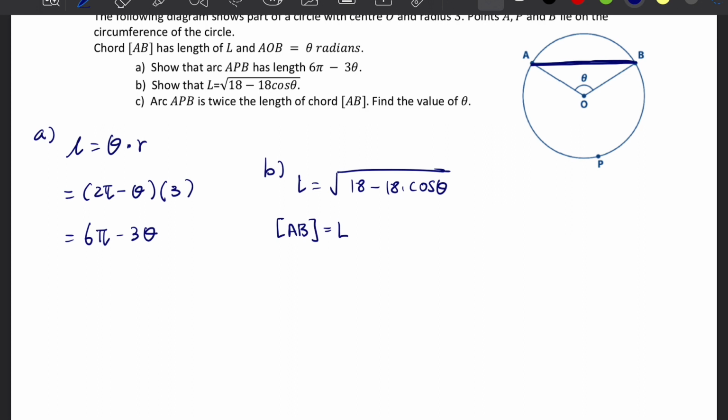Then with this line AB, we can actually draw a triangle here. Let's clear this part out, and I'm going to draw a triangle like this.